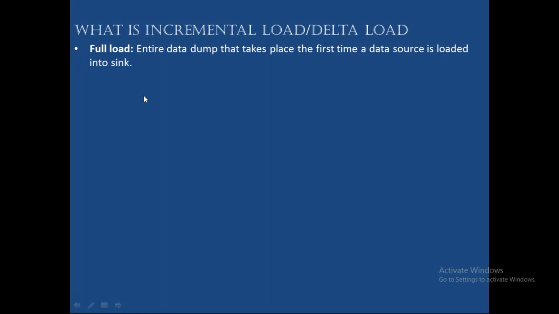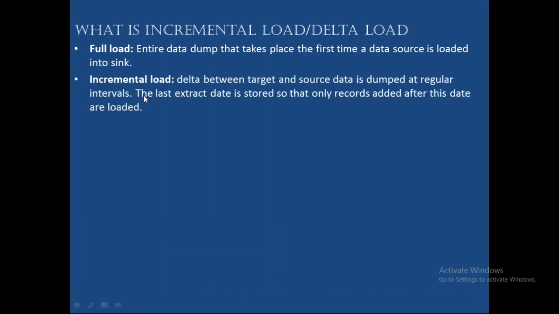That is nothing but a full load. Later, as of today, whatever data I have is loaded into the target. From tomorrow, whatever data is added to my tables, only that newly added data I need to identify and load into my target. That is an incremental load.